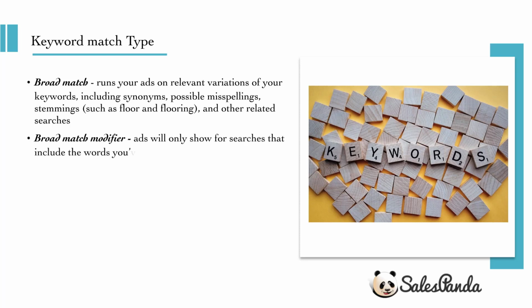Broad match modifiers ensure your ads will only show for searches that include the words you've marked with a plus sign, such as plus mutual, plus funds, or close variations. Words can appear in search in any order, and there can be other words in between. It may still bring a lot of irrelevant clicks.